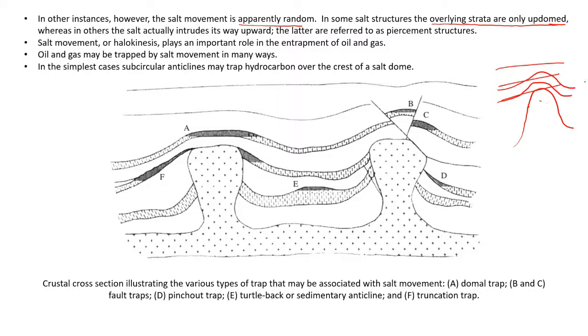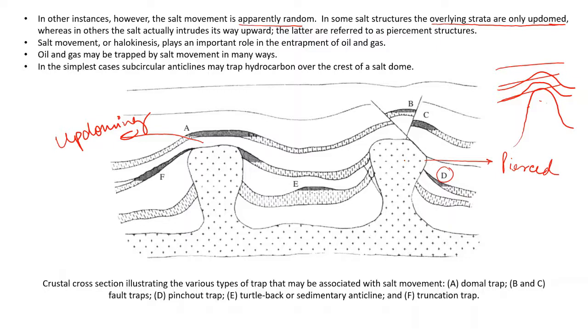This is one type of trap. And in others, you can see that this structure is only an updoming structure, which we also refer to as the domal traps, while in this case here the salt has pierced completely. So this is a type of pinch out trap, this over here.